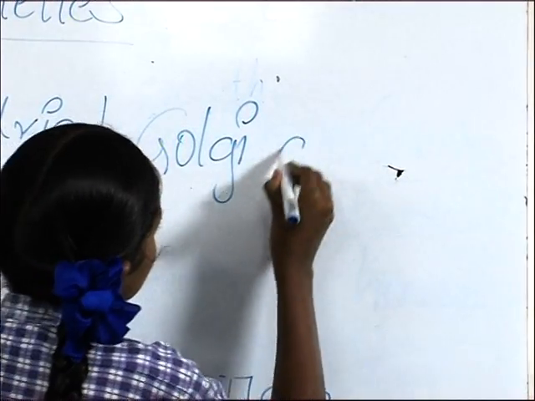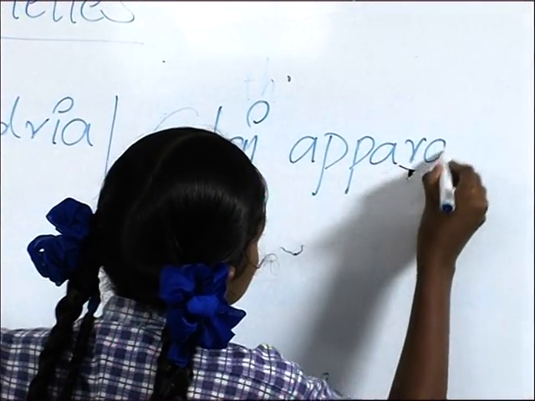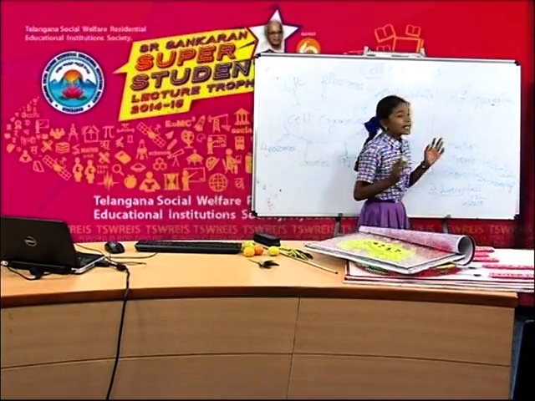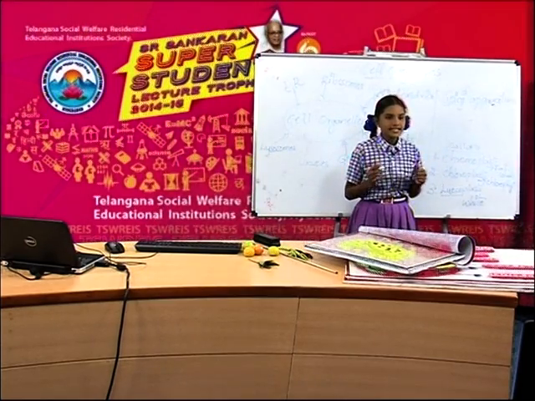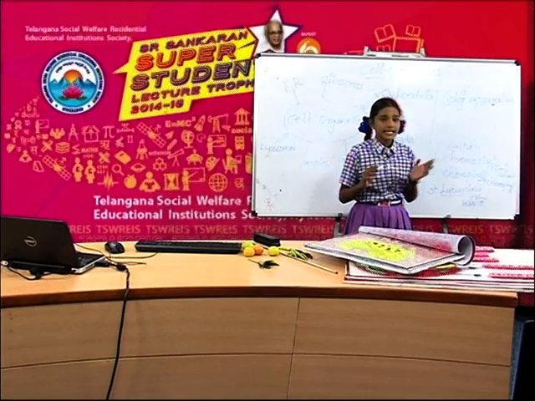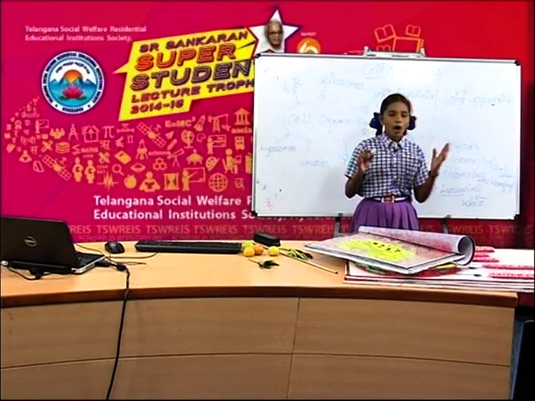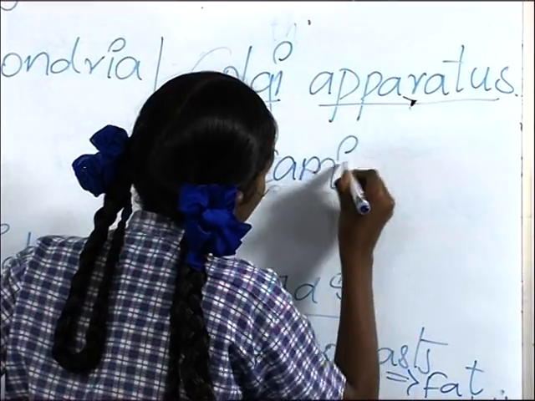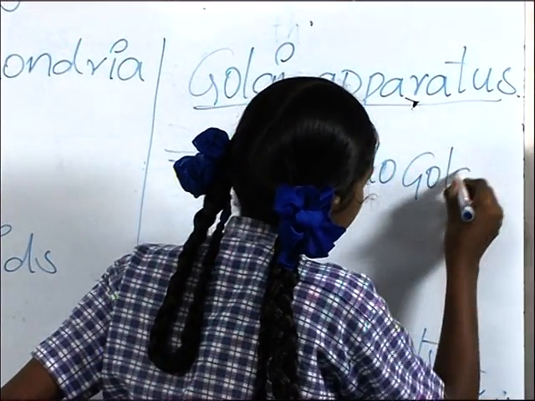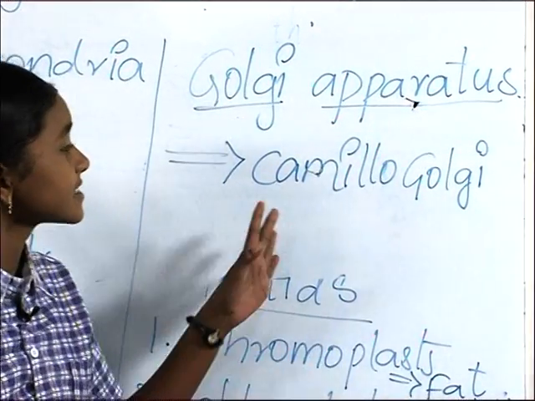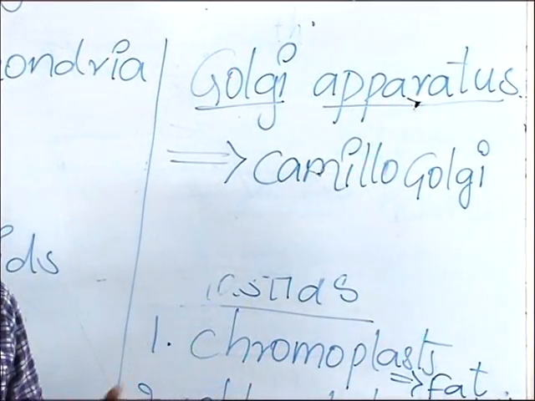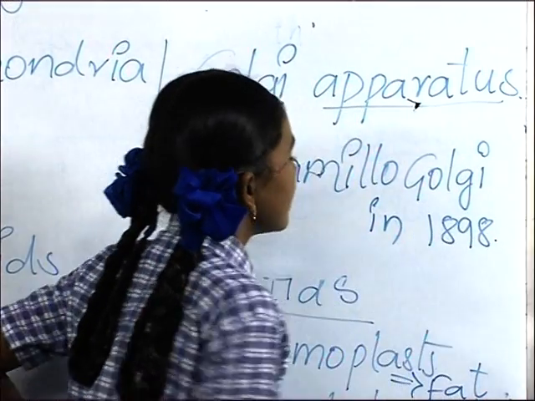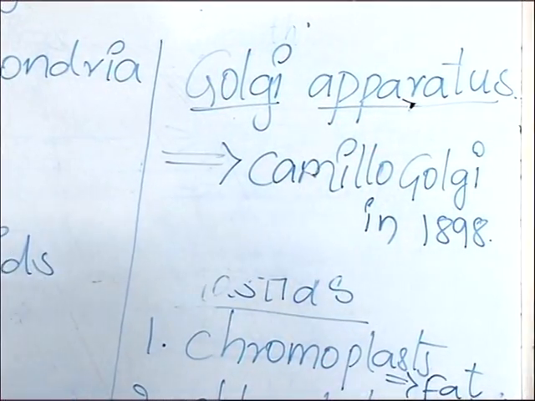Camillo Golgi, a scientist, discovered this Golgi apparatus in 1898 using a compound microscope.